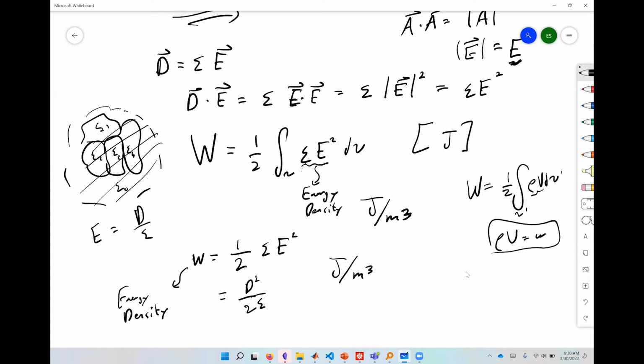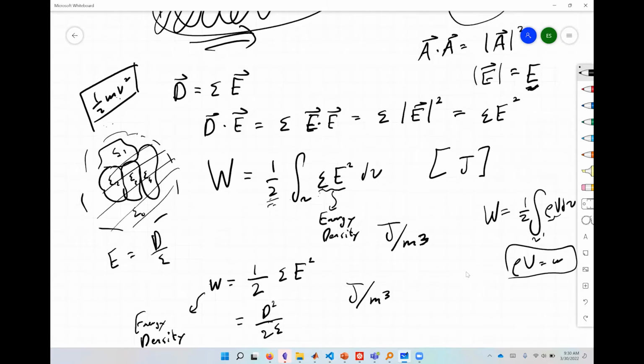It's a curious thing that in an energy equation, a half always appears. Even in kinetic energy, it's half mv squared. So this curious half keeps appearing when we calculate energy. And this half comes from the symmetry of the configuration.